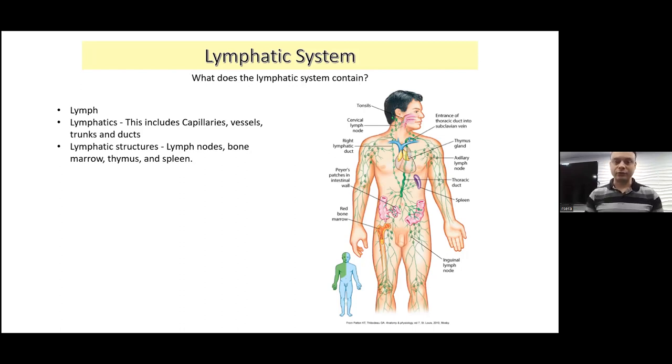Other major lymphatic structures would include bone marrow. So bone marrow, as we saw in the skeletal system in the previous video, actually produces cells. And so one particular type of cell that is produced in the bone are the T cells, right?